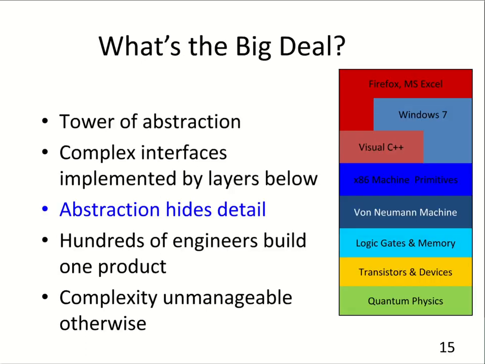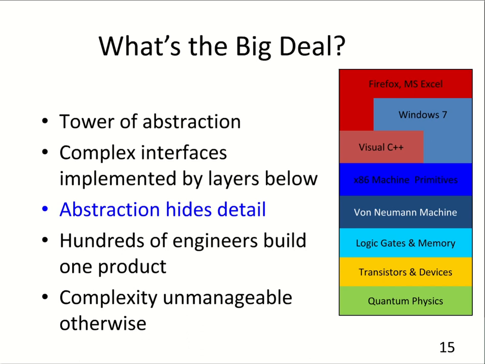So what is the big deal about using abstractions? Well, again, we have this tower of abstractions that we talked about before, where we have applications at the top, and at the bottom we have devices that are behaving according to the rules of quantum physics. In between those two things, we have many, many layers that hide the details below it.